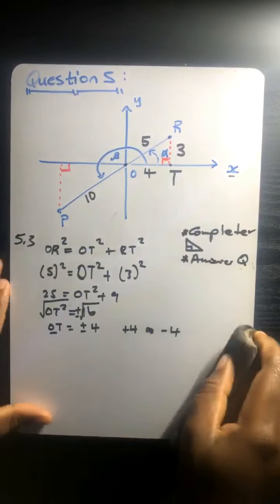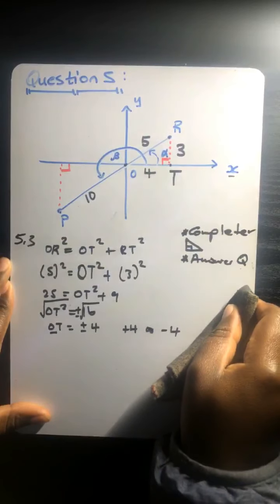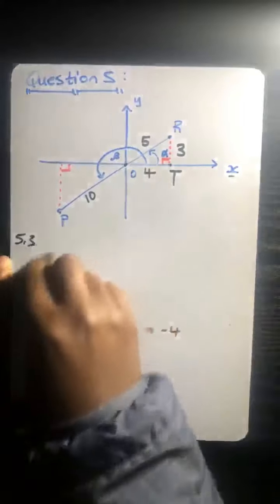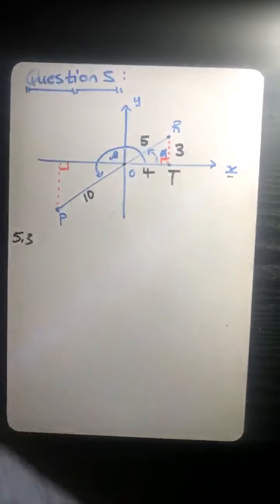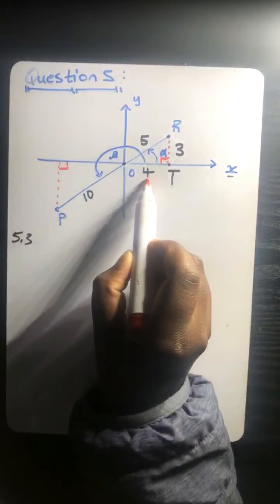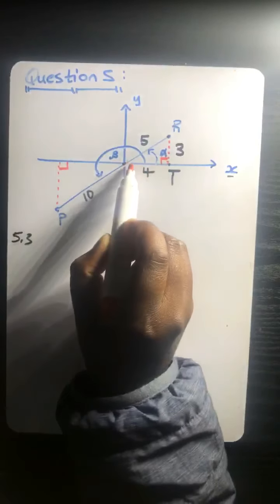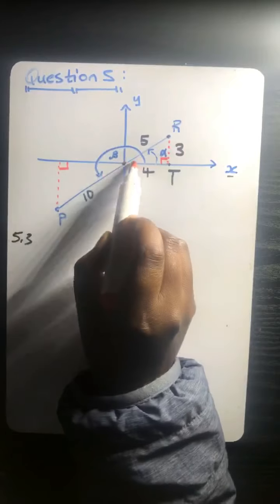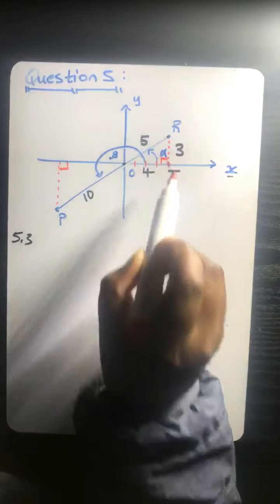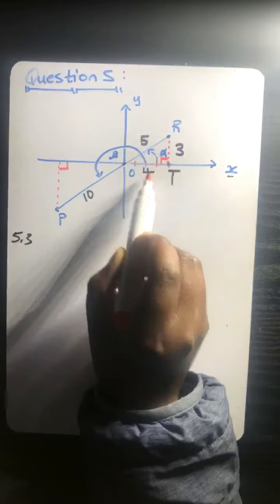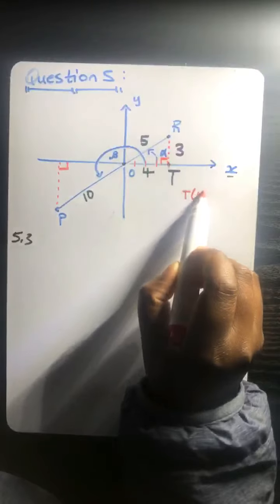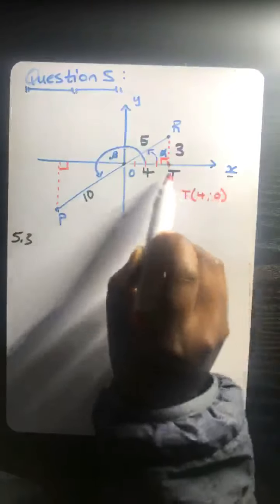But okay, let me then try to explain something to you guys. I think I might remove all of this because we did explain all of that. So remember, guys, this 4 is actually the length from the origin. Then you go 1, 2, 3, 4. So it's more like this 4 is actually the coordinates of T, where x is 4 and y is 0.